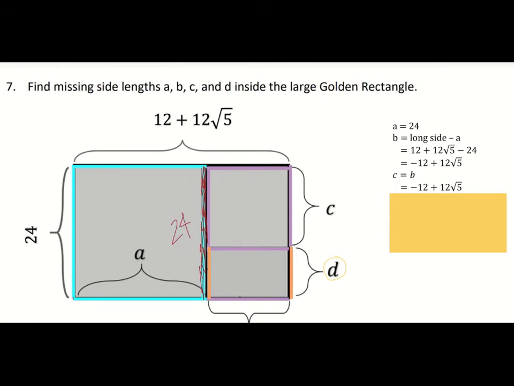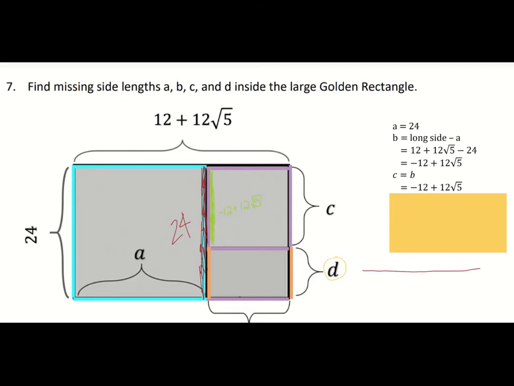We know based on our work with B and C that this second length here, I'll do this in green, but it's already highlighted in purple, is equal to C, which is negative 12 plus 12 square root of 5. Okay, I have all of those values. So we could do a drawing where we remove these pieces to the side and just consider them as independent lengths from the figure.